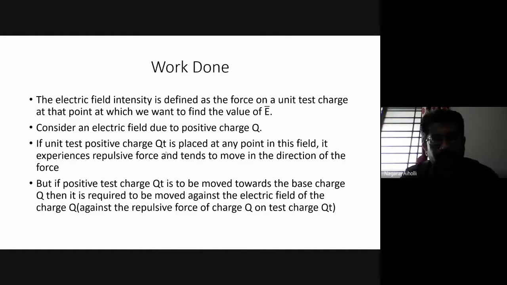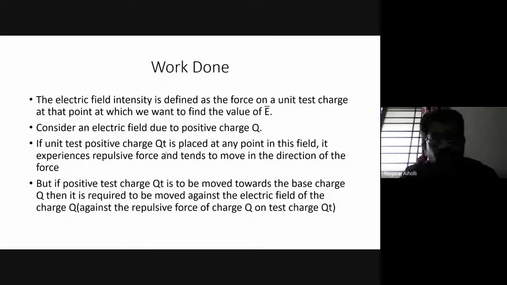Positive, positive, they will repel each other, and hence both the charges will repel each other. That means if we are placing a charge Qt, then it will experience a repulsive force because of the charge Q which is placed originally, and tends to move in the direction of the force. In whichever direction the repulsive force is, in that direction the Qt charge will move.